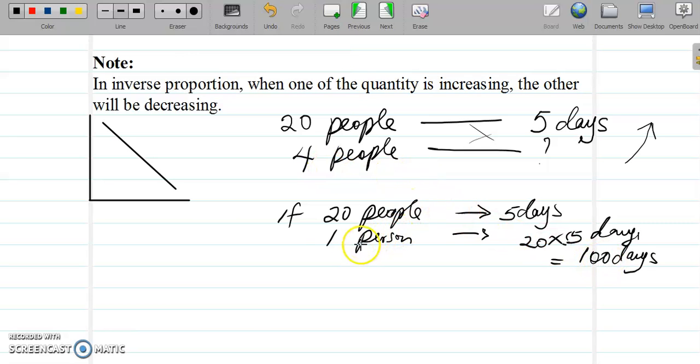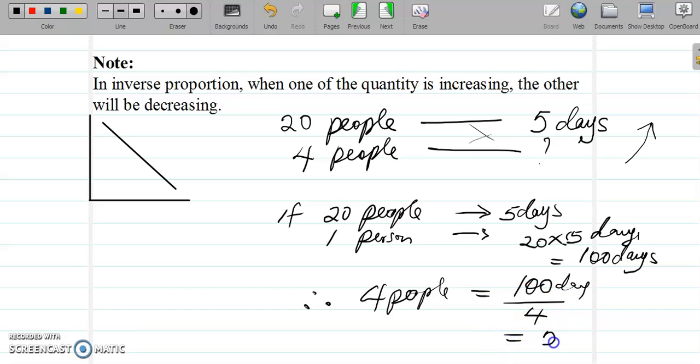So it's quite easier to find the number of a single unit. If 20 people did a work in 5 days, one person will do the work in 5 times 20, which gives us 100 days. Therefore, 4 people will do 100 divided by 4.